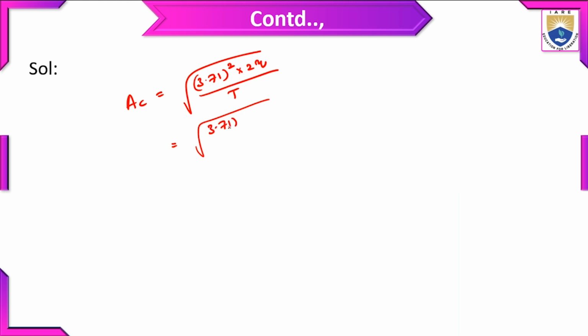So 3.71 whole square into 2 into eta, the noise frequency, 10 power minus 7, divided by 10 power minus 6.